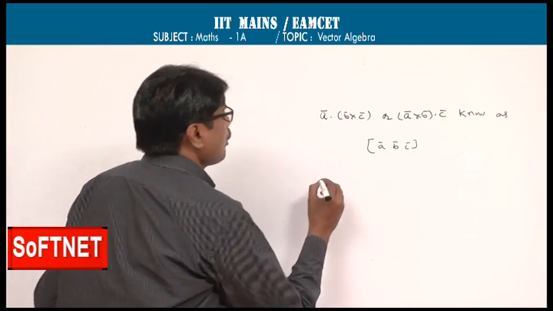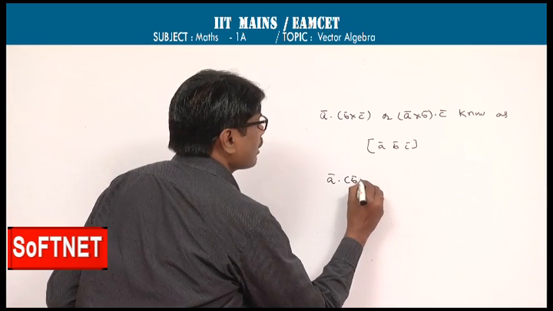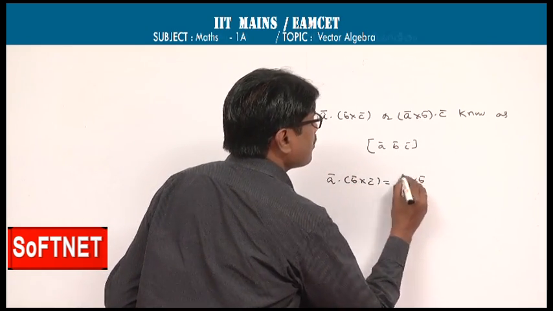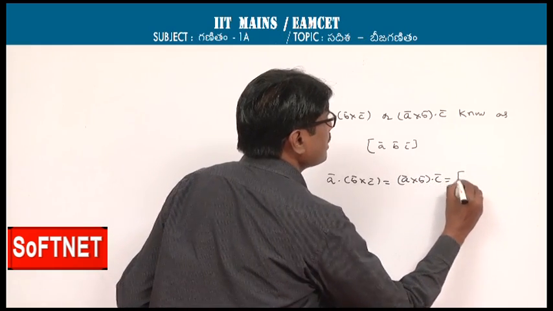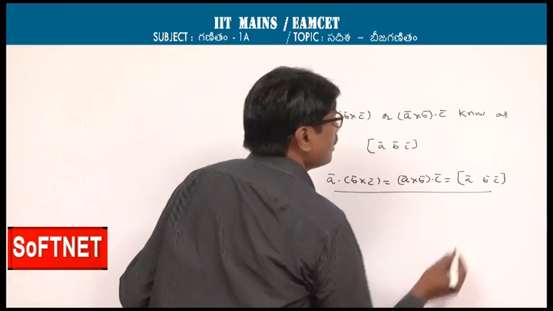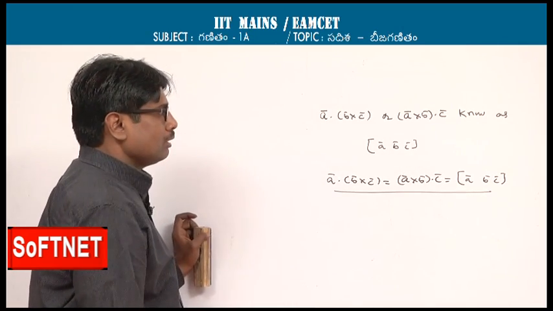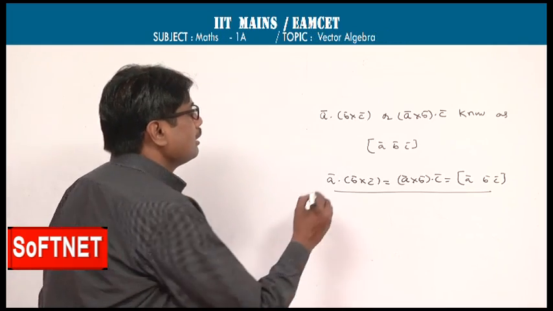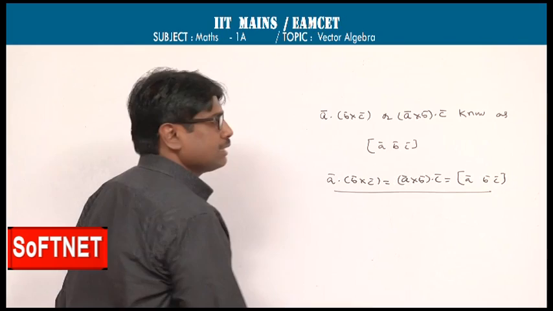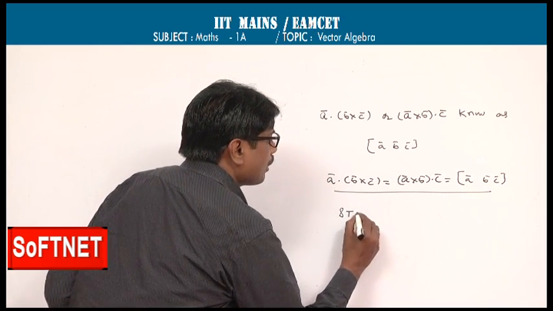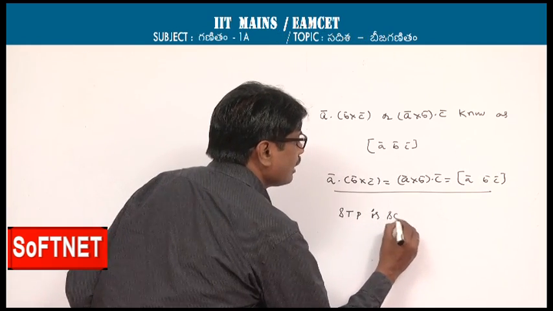In the sense, a bar dot b bar cross c bar is equal to a bar cross b bar dot c bar, both of them are equal to box ABC. And in the scalar triple product, we noticed that dot and cross can be interchanged. And second, scalar triple product is a scalar quantity.